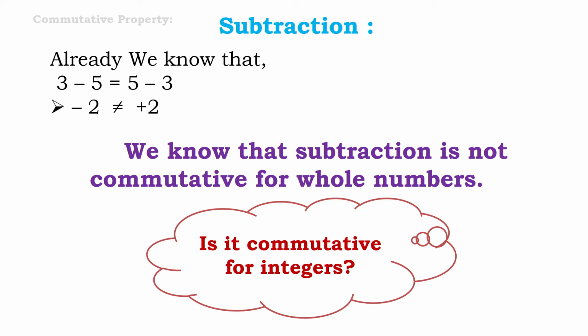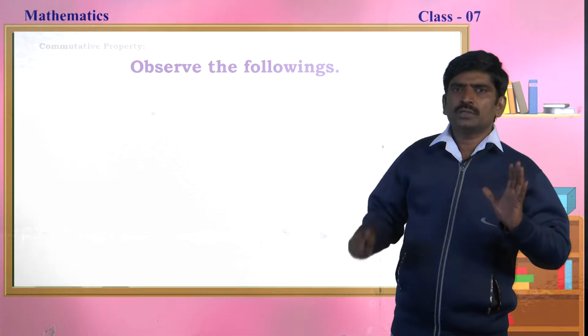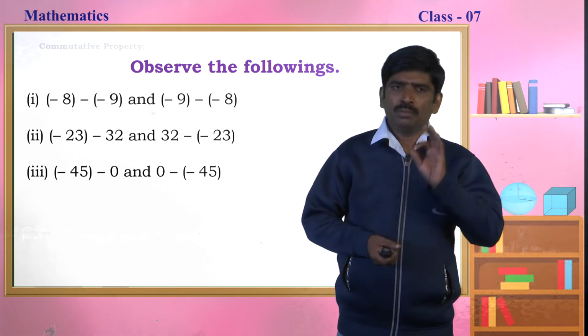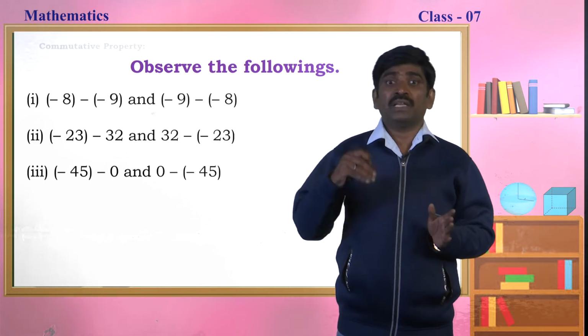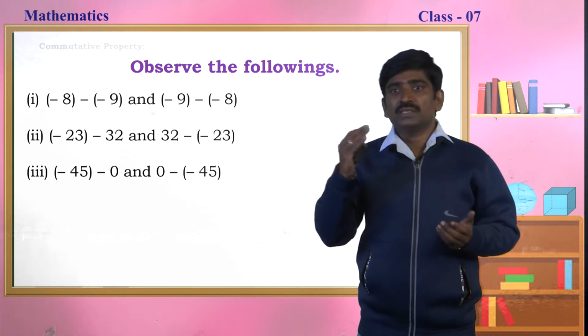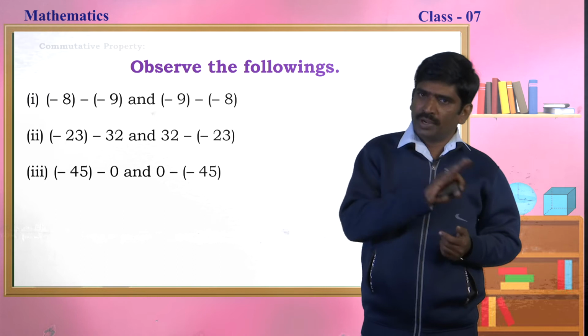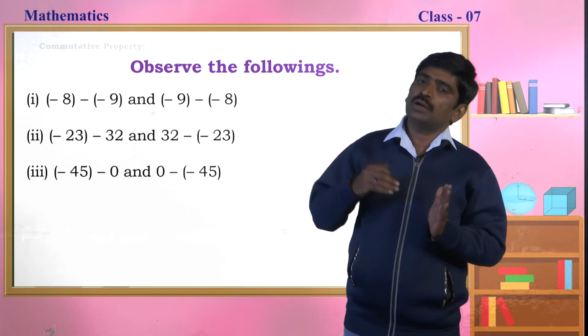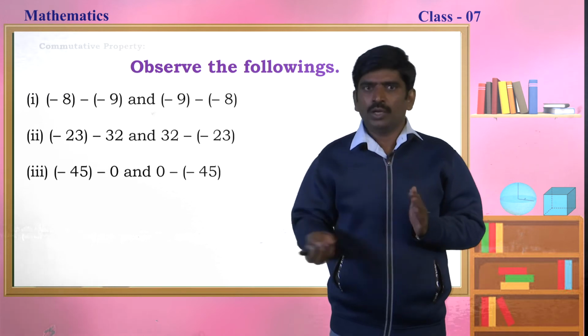Is it commutative for integers? Can we verify it? First, observe some examples. Three examples are given here. Minus 8 minus minus 9, reverse, minus 9 minus minus 8. Second one, minus 23 minus 32 and 32 minus of minus 23.